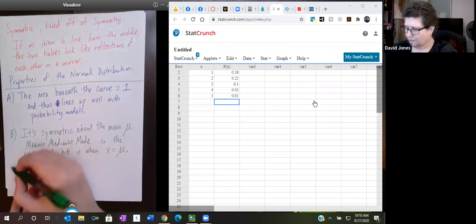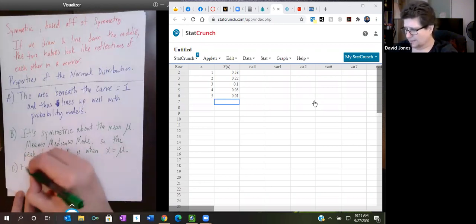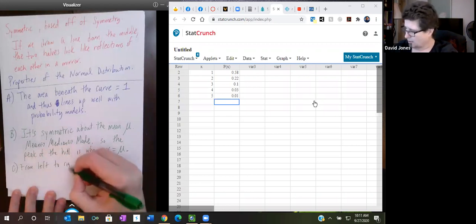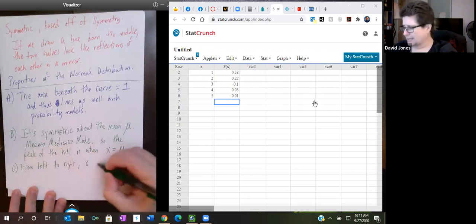As we go from left to right, x increases like a number line.